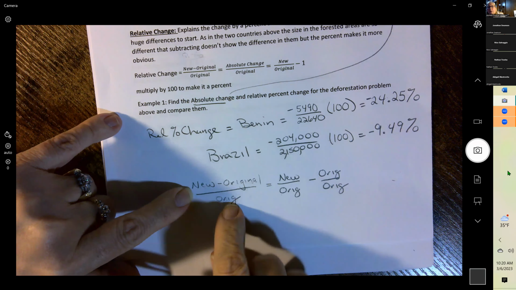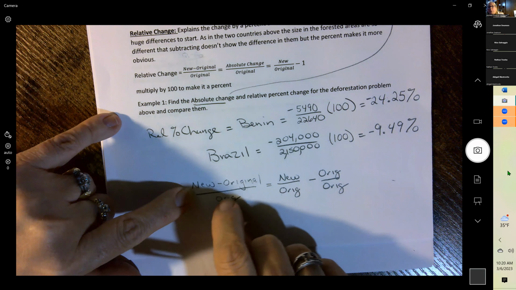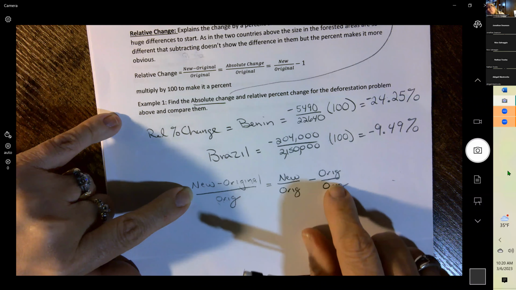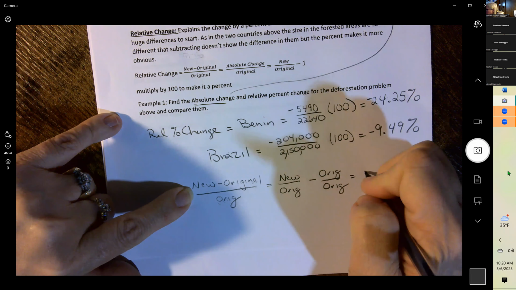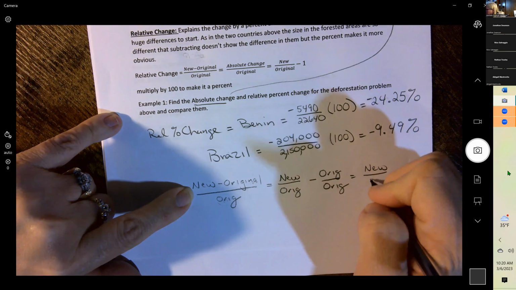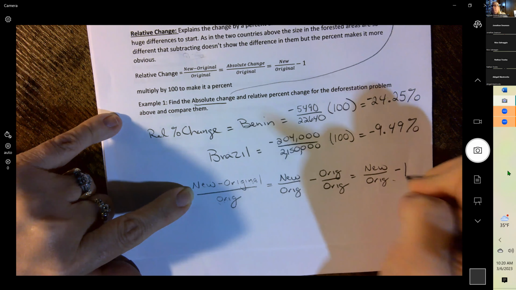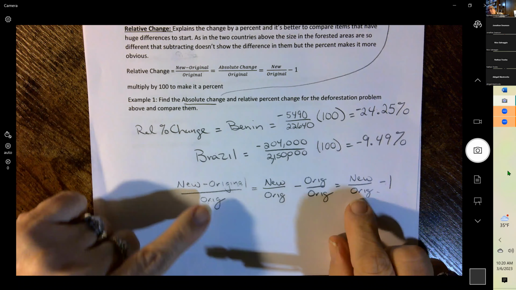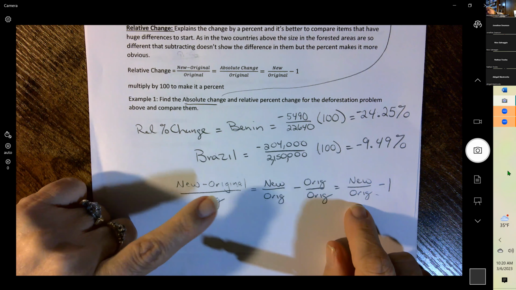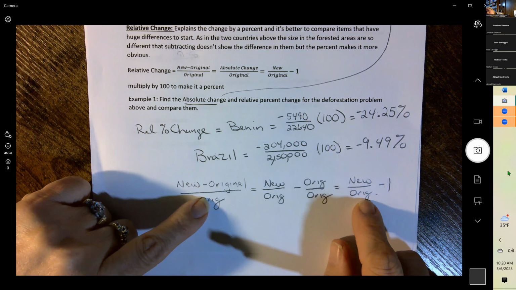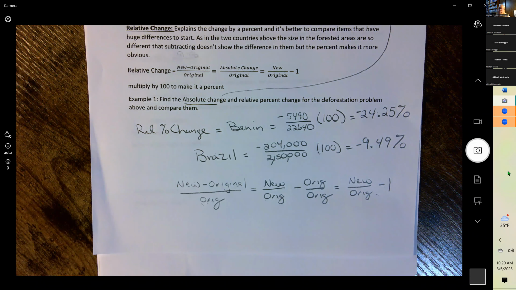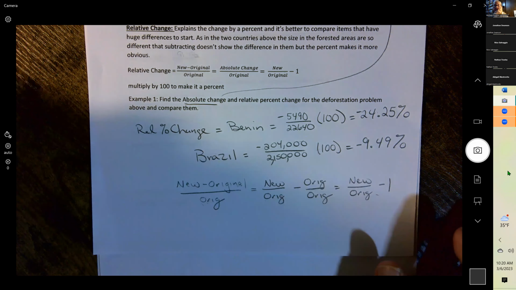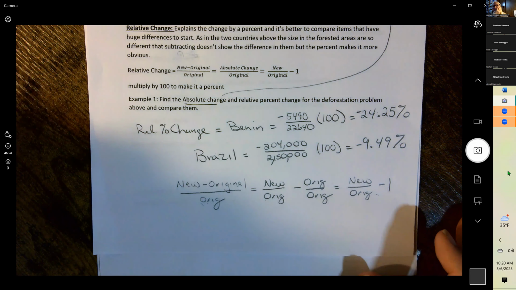So they're taking the denominator and dividing it into both parts on top. And then original divided by original, that's just 1. So they're just saying you could use this version, or this version, or this one, but they're all going to get you the same answer. Thank you.